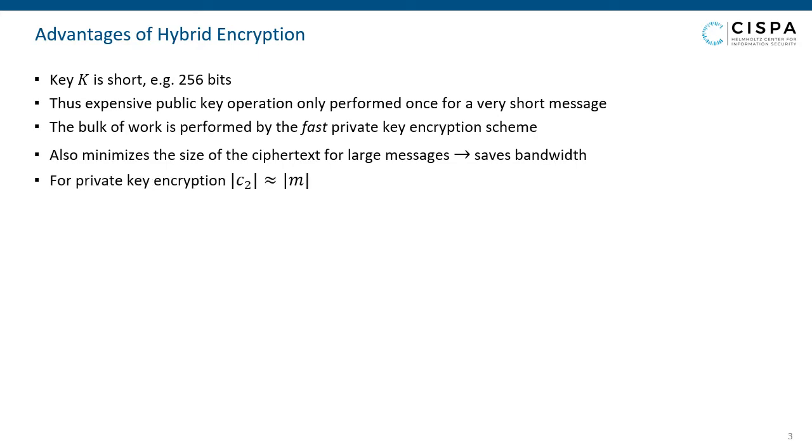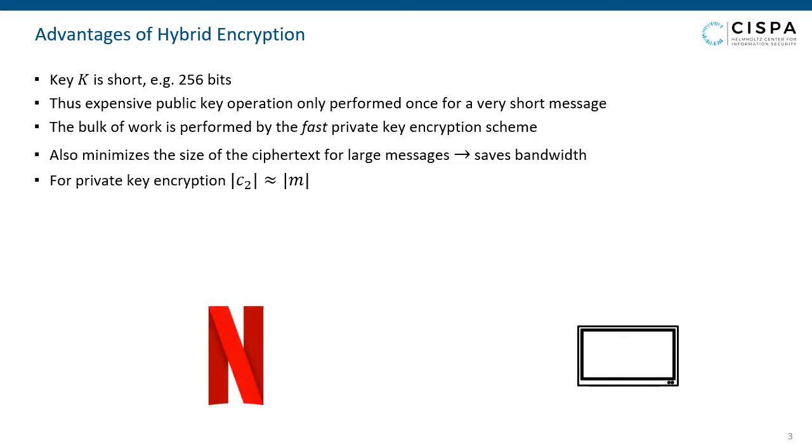Okay, now as I just explained, for private key encryption, the size of ciphertexts is roughly the size of the message. Let's consider this in an example. Let's say you want to stream your favorite movie from Netflix.